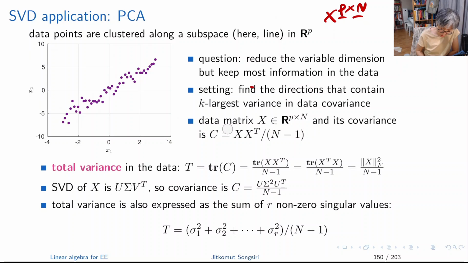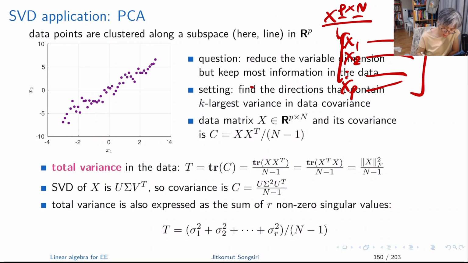Okay. So first, we can answer that by taking a look at the data matrix in the format of P by N. That means you stack your P features along each row.